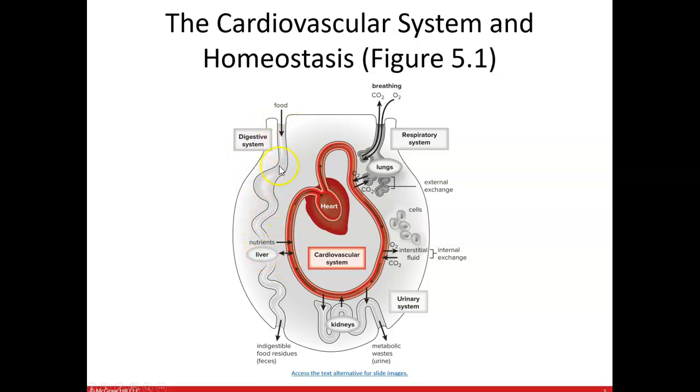There are nutrients coming in from the digestive system, going into the cardiovascular system to be spread throughout the body. Wastes can be managed by the liver. Other molecules move from the liver back into the blood. So we've got a lot of homeostasis that's balanced and carried out with the help of the cardiovascular system.